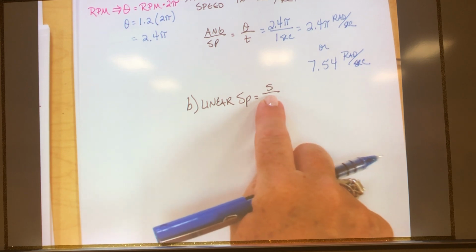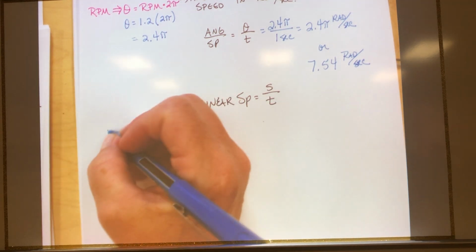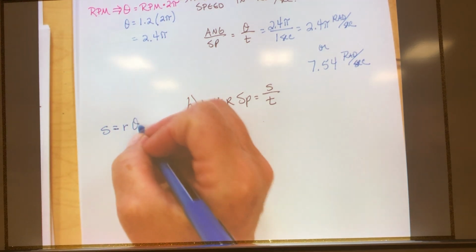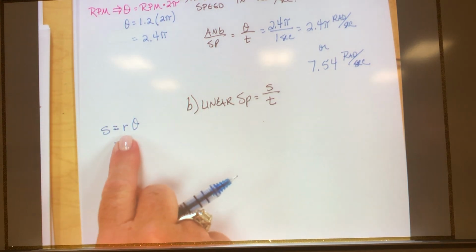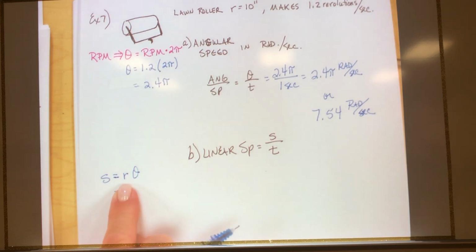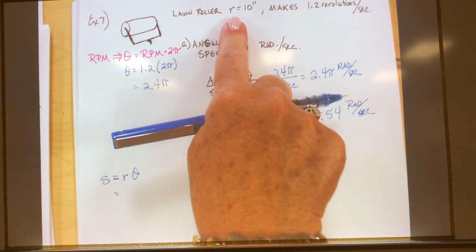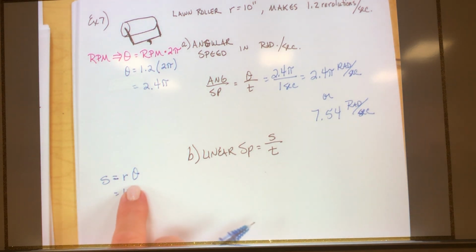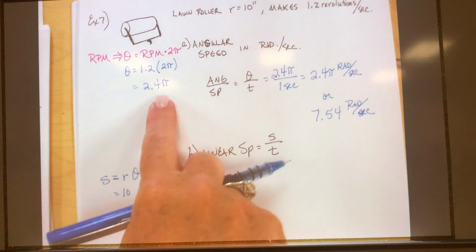No, but we can find it, right? We have a formula. So S is equal to R times theta. What is the radius? 10. I told you that in the problem. And what is theta? 2.4 pi.